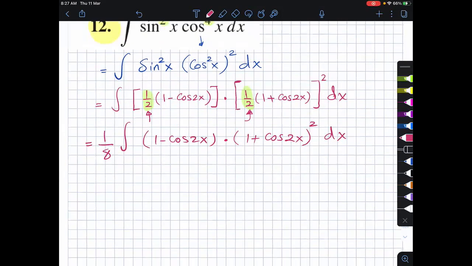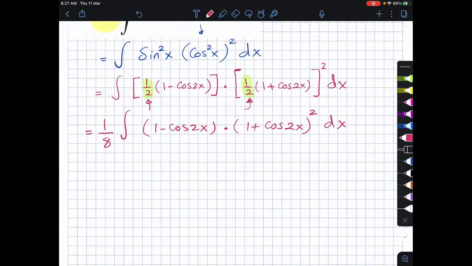We do something else, if we use the difference of two squares. So let's write it as 1 minus cosine 2x multiplied by 1 plus cosine 2x multiplied by 1 plus cosine 2x, dx.